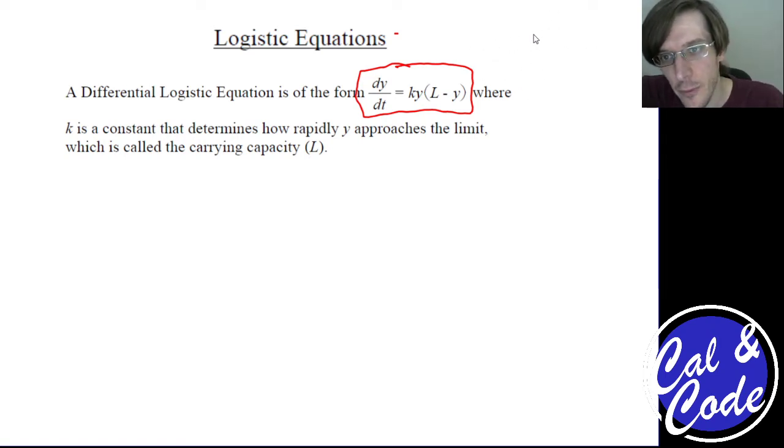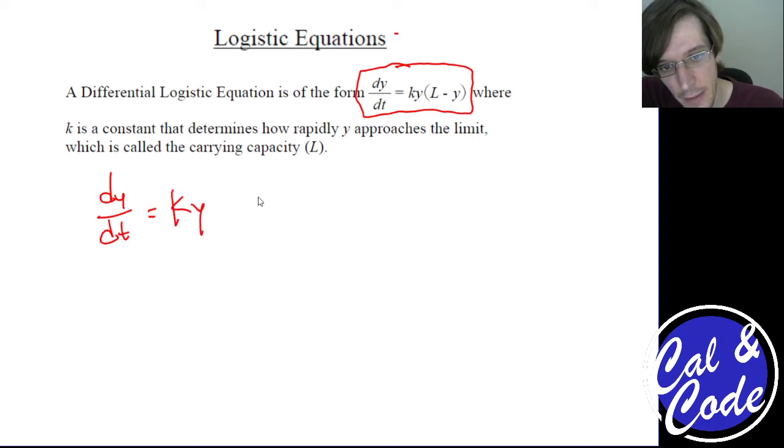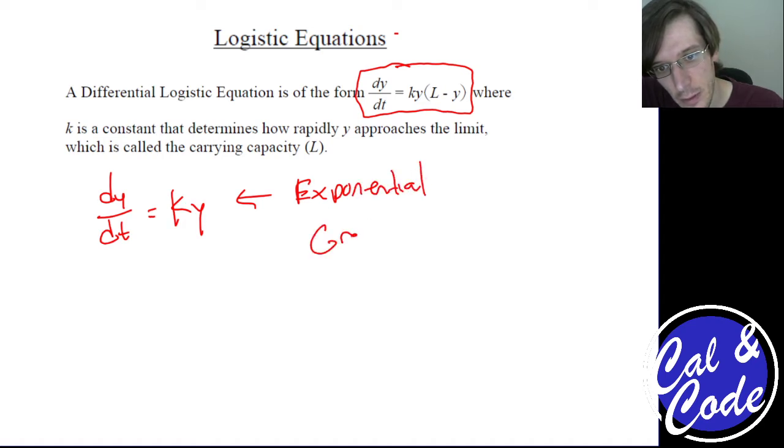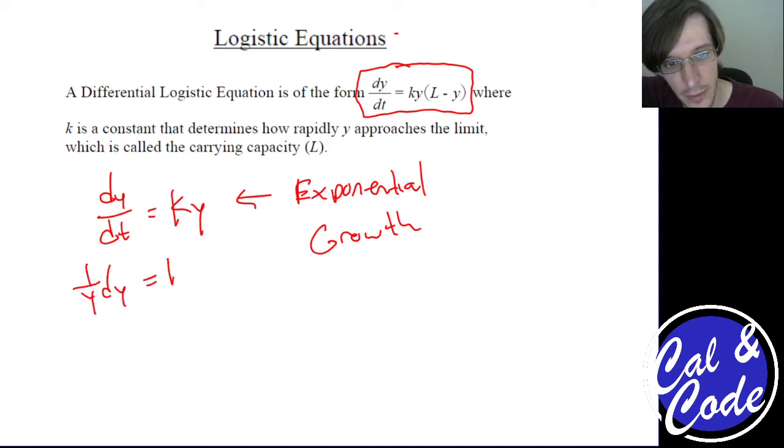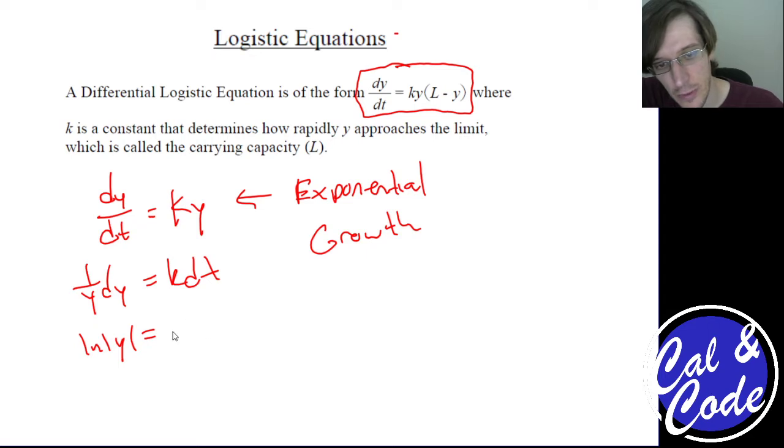And you might remember that we had a different type of equation that we looked at where dy/dt was equal to ky, and this was for exponential growth. And we got that by separating our variables, right? 1 over y dy equals k dt, integrating both sides, giving the natural log of the absolute value of y is equal to kt plus c.